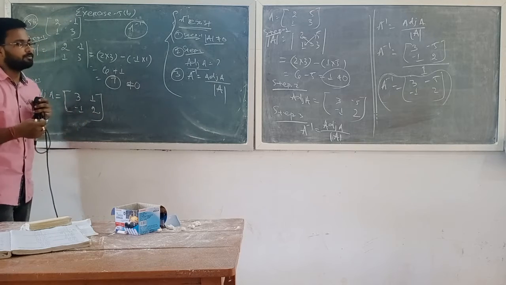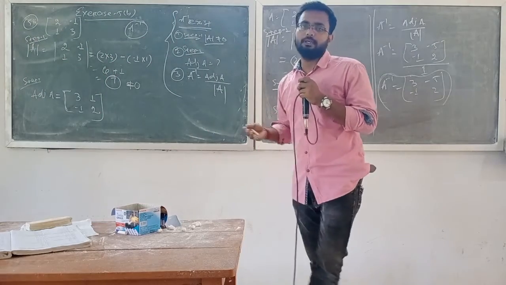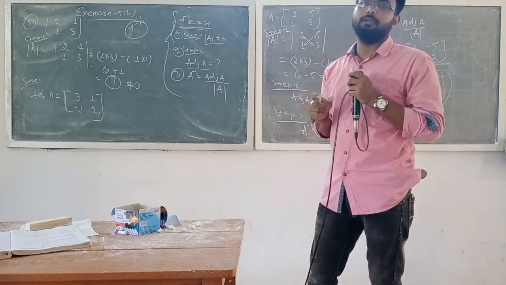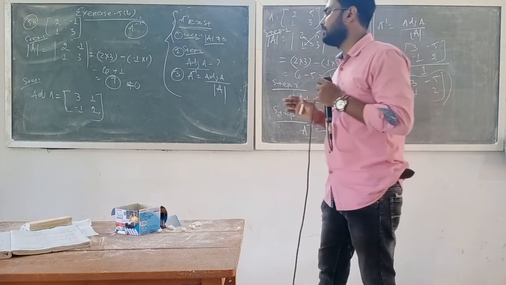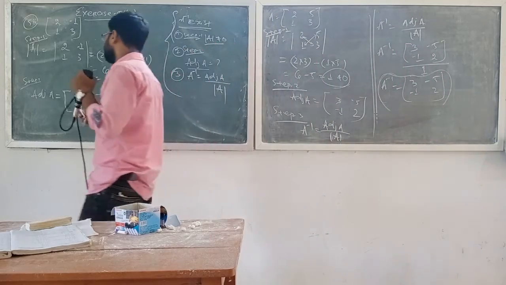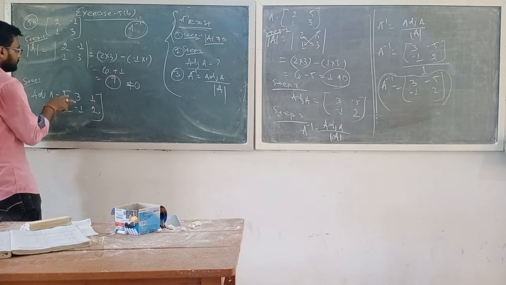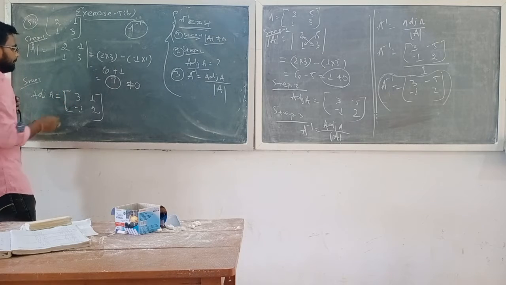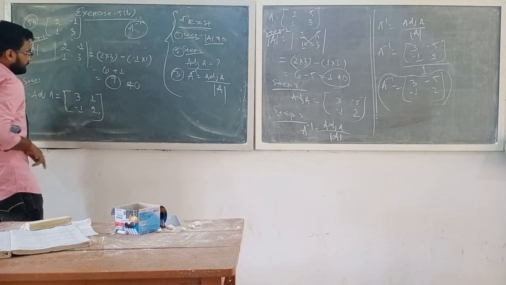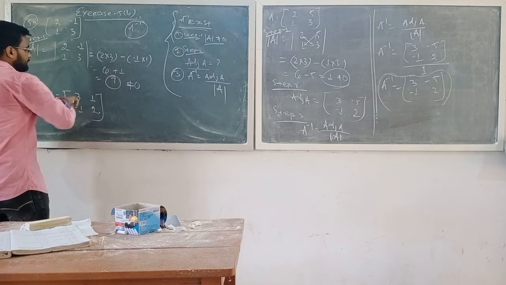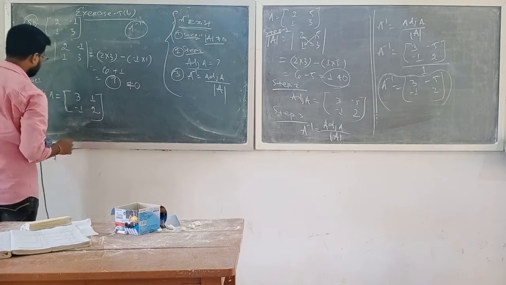Otherwise, you can first find the cofactors, then the adjoint of A is the transpose of the cofactor matrix. That is the lengthy way, but for a 2 by 2 matrix you can remember the shortcut. So adjoint of A equals 3, 1, minus 1, 2.